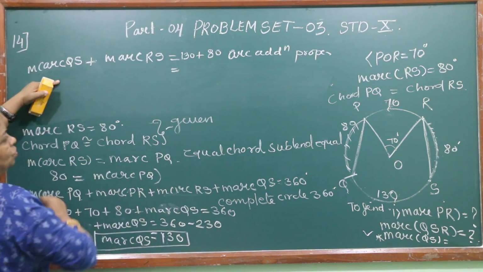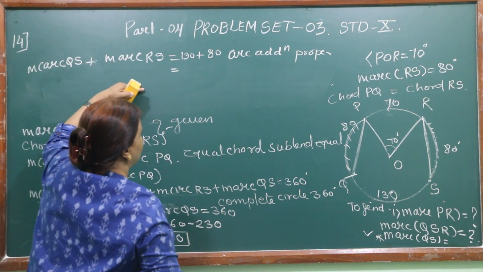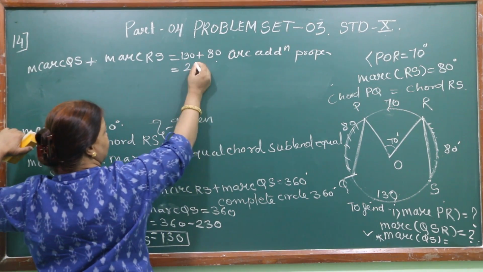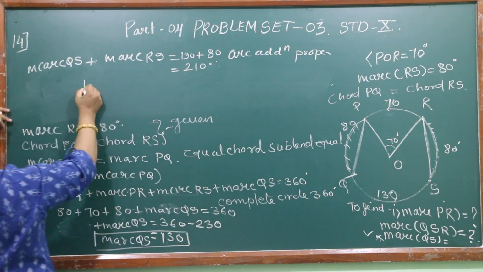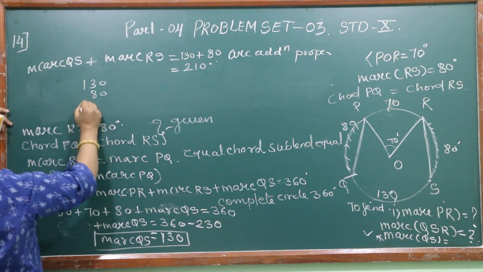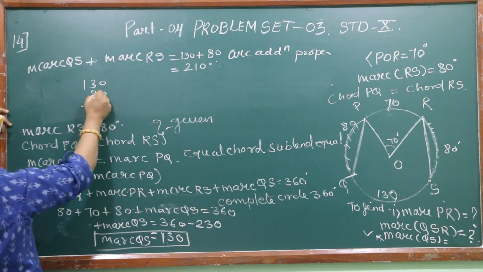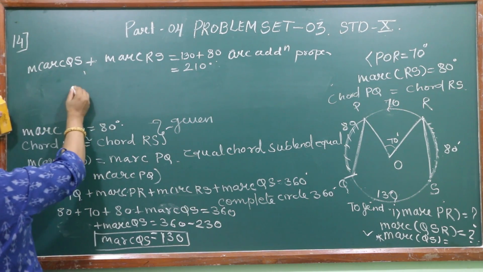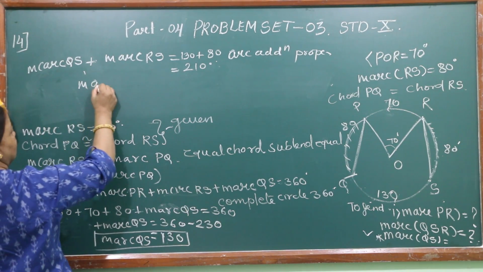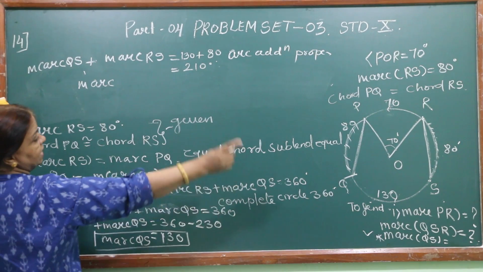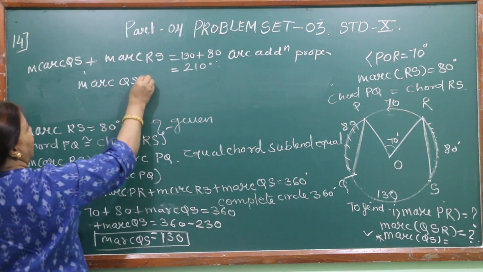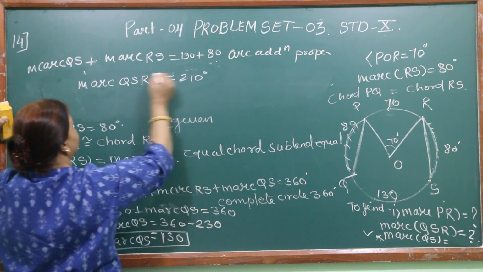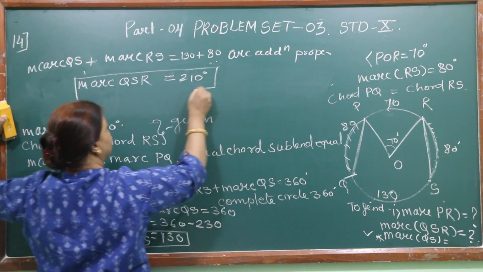That would give you 210. So 130 plus 80, children, is 210. So we got measure arc QSR as 210 degrees.